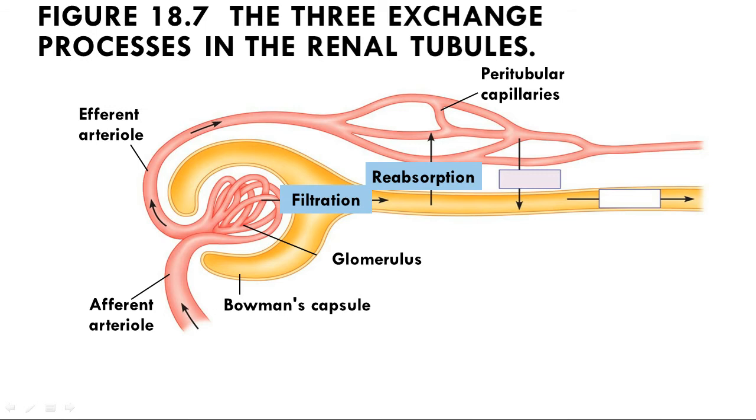Water, solutes, nutrients, hormones, anything that is useful and maybe even just not useful and lipid soluble. So anything exposed to that pressure gradient or concentration gradient, if it's lipid soluble, it could be reabsorbed. But really, we're trying to pick up glucose, sodium, potassium, hydrogen ions, water, the things that your body does need.